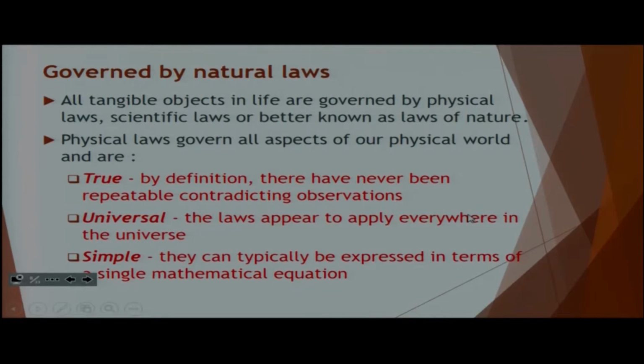They are true, meaning by definition, they have never been repeatably contradicted by observation. They are universal, meaning that the laws appear to apply everywhere in the universe. They are simple, meaning they can typically be expressed in terms of a single mathematical equation.